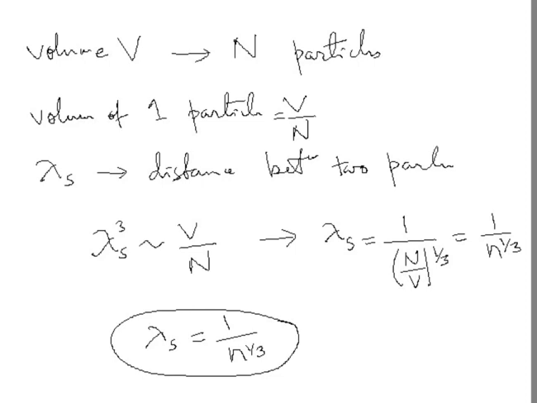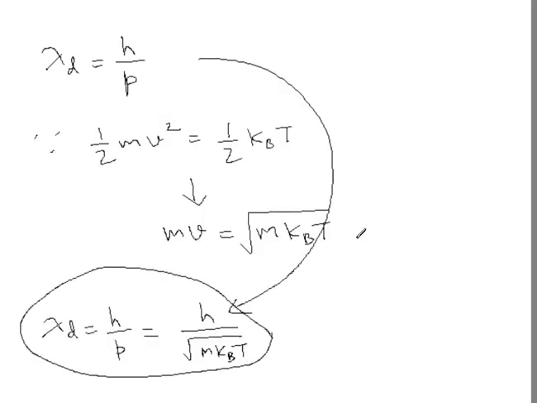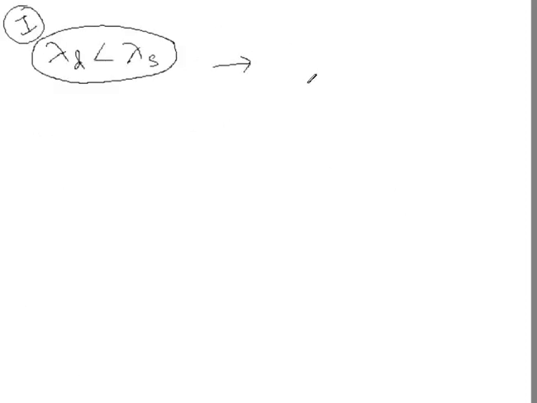What happens when the de Broglie wavelength is smaller than the distance between the particles? From the previous two expressions, on comparison we can immediately say that h by root over m k_B T, where k_B is the Boltzmann constant, is less than 1 by n to the power 1/3.